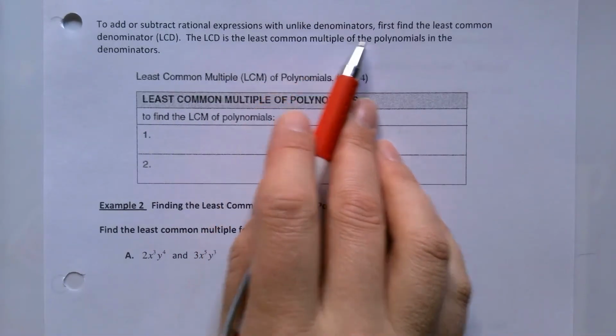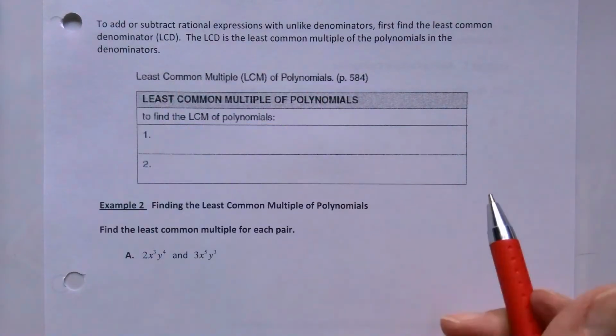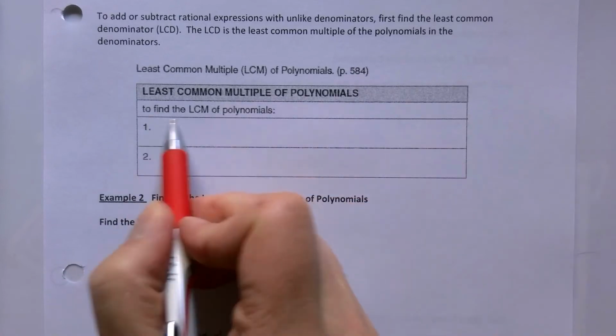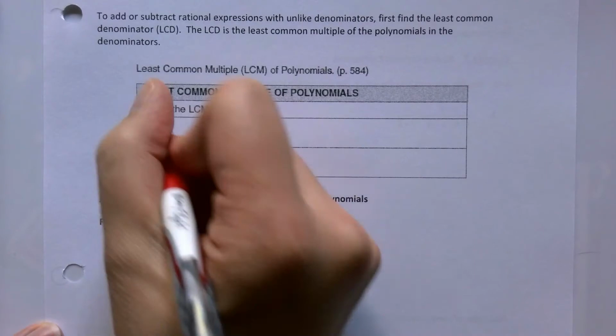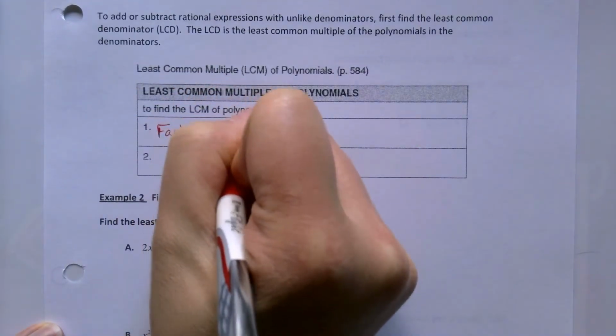So the first thing you're going to do is find the least common multiple, and then we are going to build them. So if you want some quick steps, these came from our textbook, to find the least common multiple of polynomials, you're going to factor each polynomial completely.